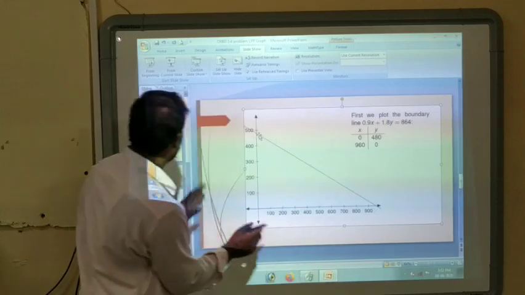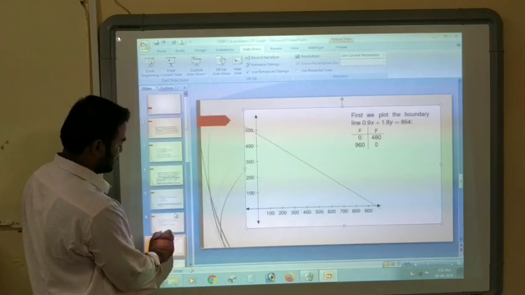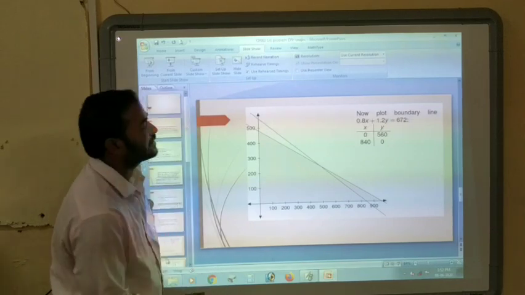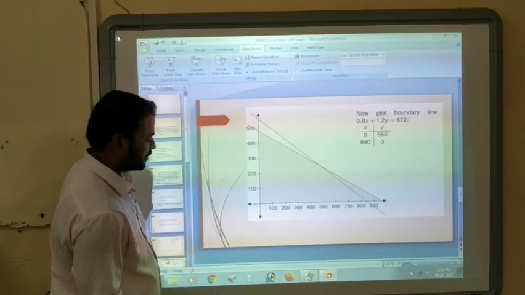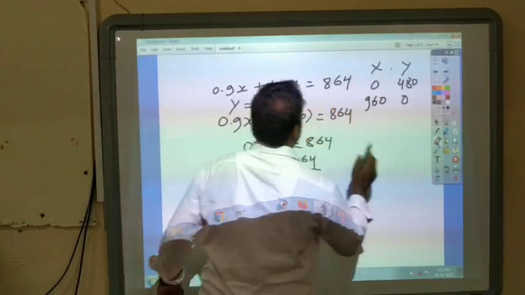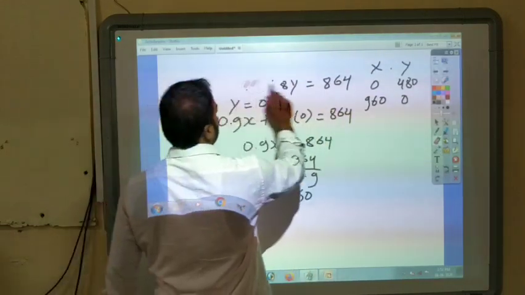Again, we are using the second equation, which is 0.8x plus 1.2y is equal to 672, and again we are using the same methodology to find out the value of x and y.